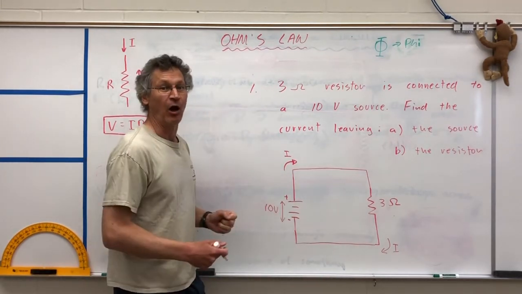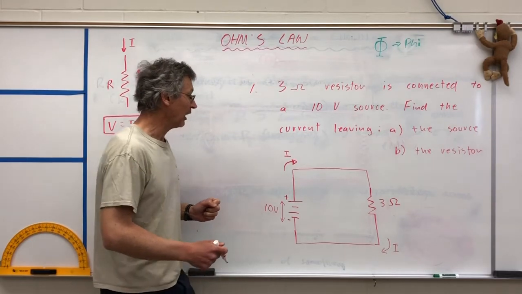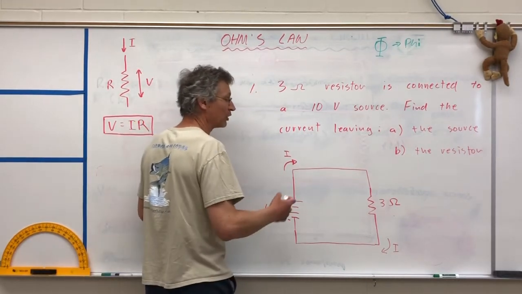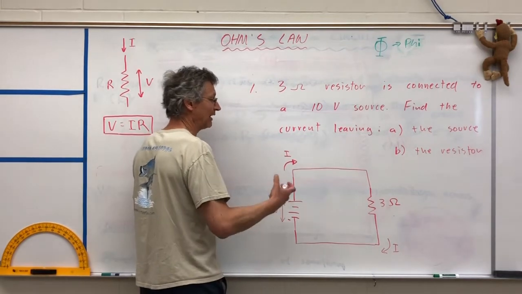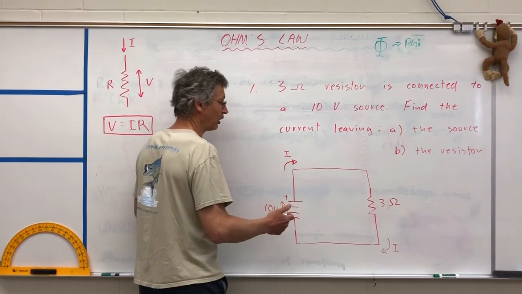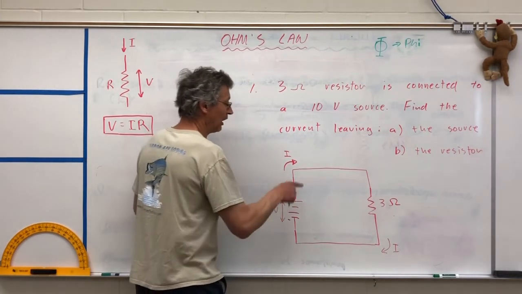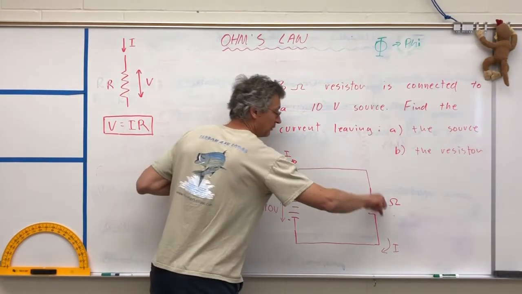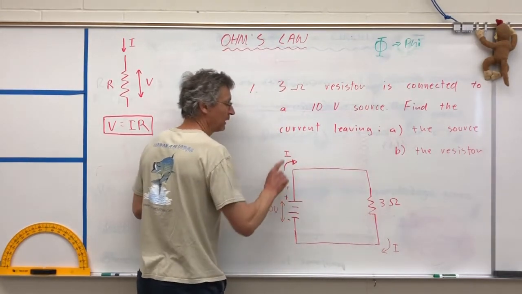It's kind of like a water pipe, remember? But instead of water flow, you're talking about electron flow. And if it were a water pipe, well, you know, however much water is flowing through the pipe here, well, the same amount of water is flowing through the pipe everywhere.